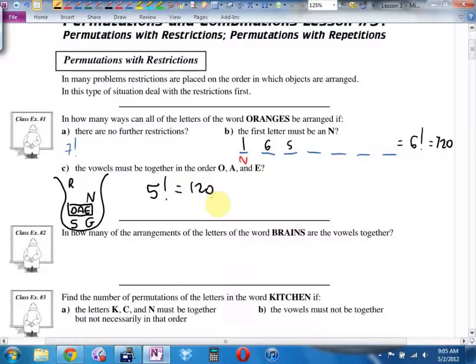So here's how I can deal with weird ones. If they want some combination of letters sticking together, I'll think of it as being written on one single tile. Oh, what if they had instead said, at a part D right here, part C, but in any order. The same question as part C, except these don't have to be OAE.